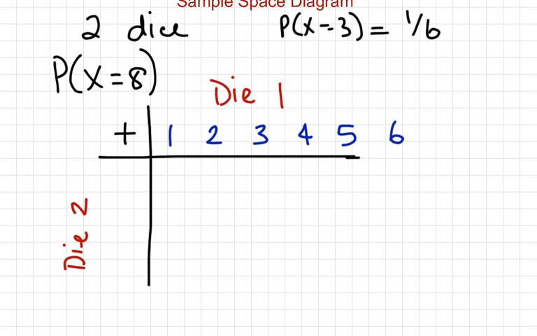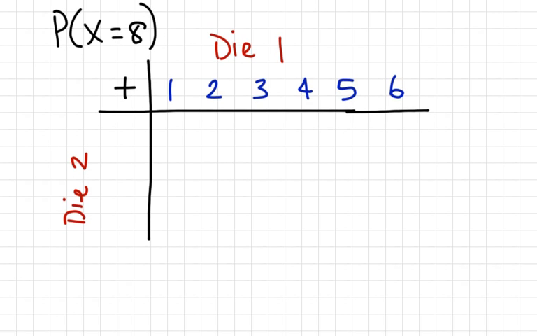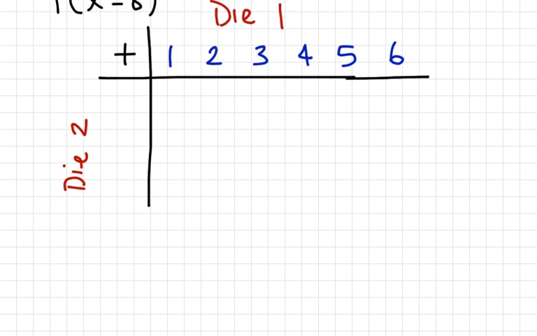Those are the numbers I can get from die 1. And just the same way, from die 2, I can get 1, 2, 3, 4, 5, or 6. Now what I'm going to do, as you can guess, is find all my possibilities.